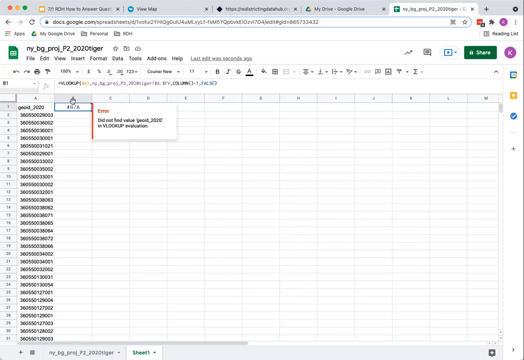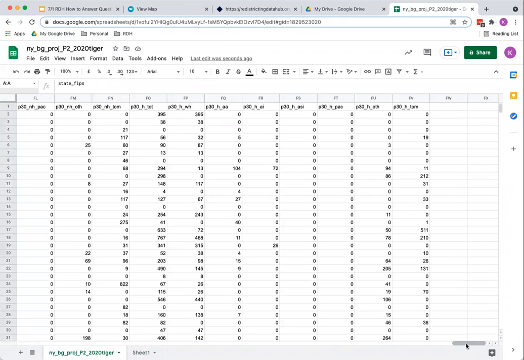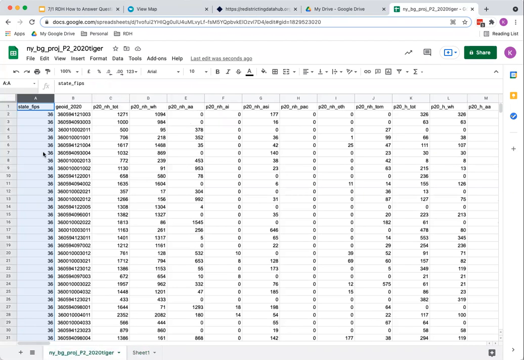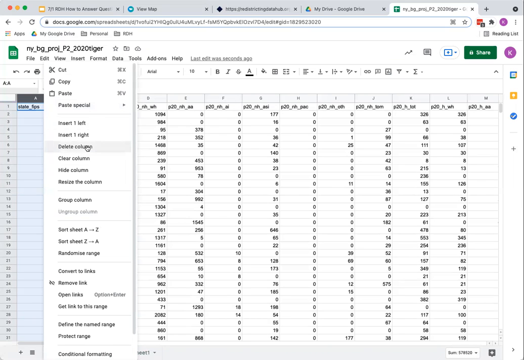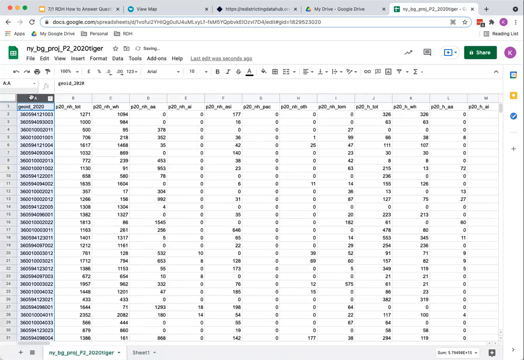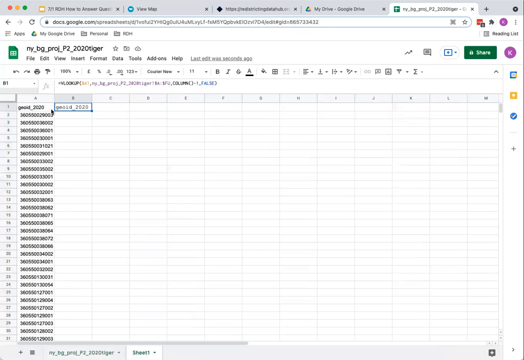Okay. So I actually forgot one other important piece here. If you're wondering, why is there an error here? The one other important step that I neglected to do, the piece of cleanup, is to delete this first column. Actually want to delete it, not clear it. Okay. So that our geo ID is in column A for both of our tabs. Okay, great.